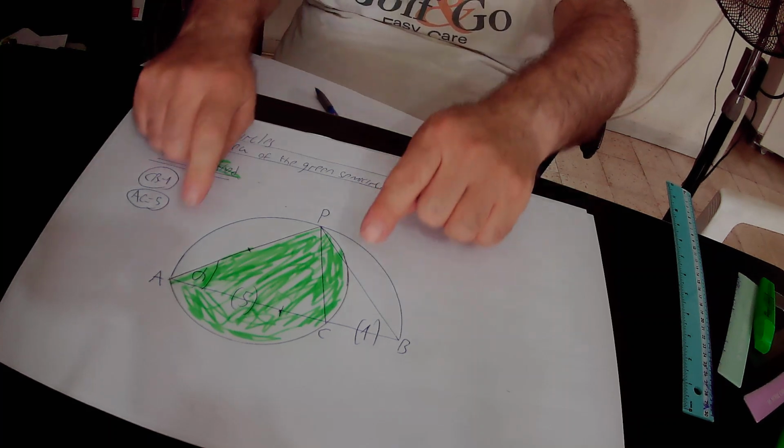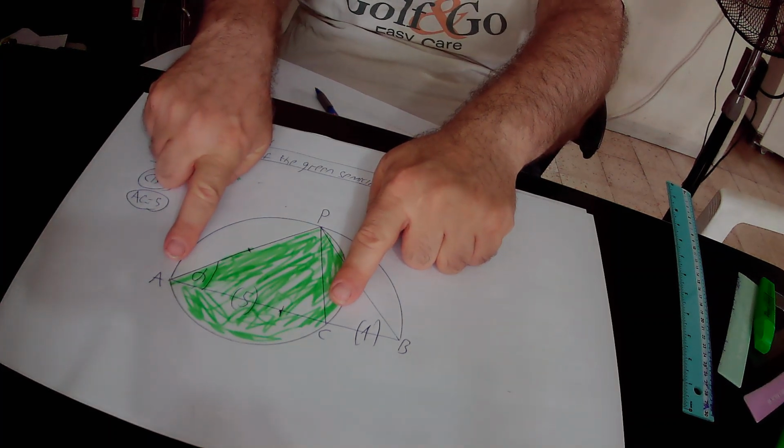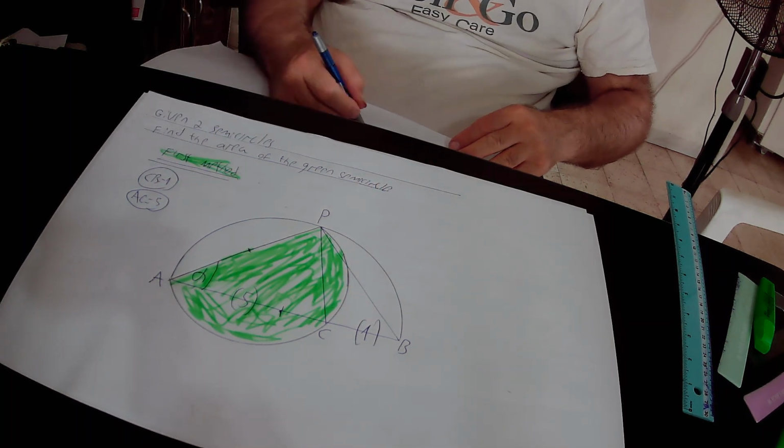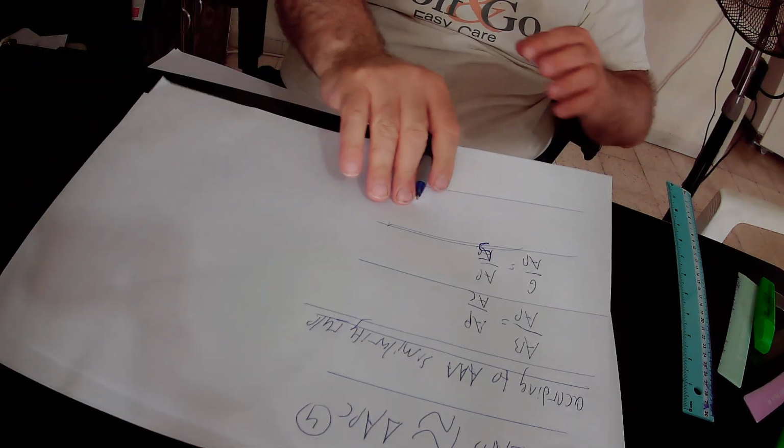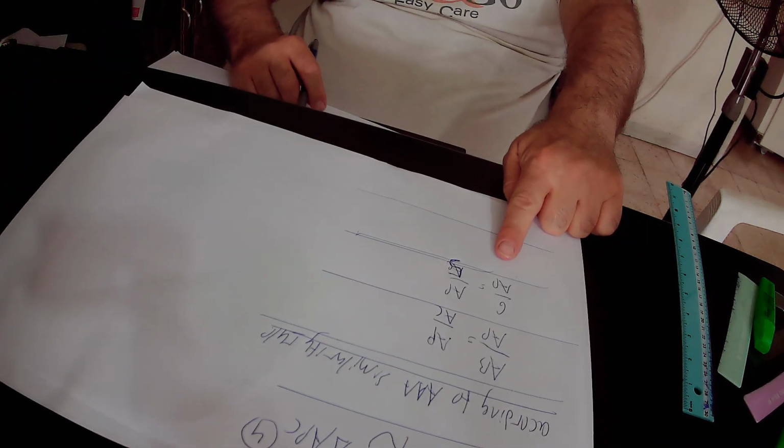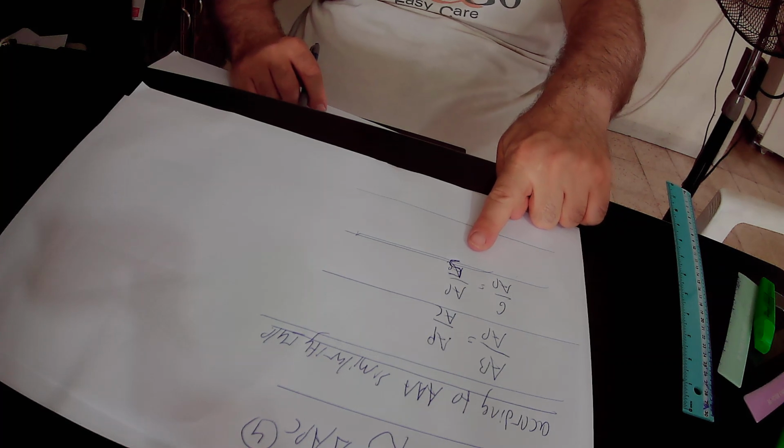And the length of the side AC is 5, so we substitute AC in the equation by 5. So in conclusion, we found out that 6 over AP equals AP over 5.